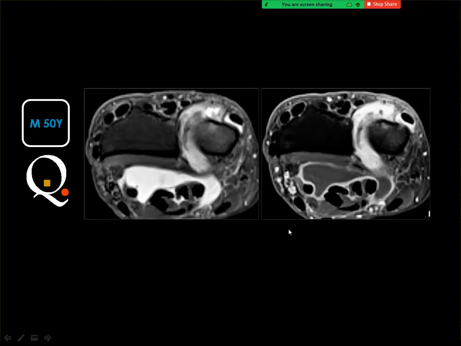MRI of the wrist, axial T2 with fat set and axial T1 fat set with contrast enhancement.